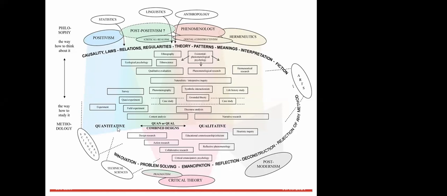If you follow these lines, they end up somewhere saying quan and qual, combined design. And then we have here critical theory. I won't explain what critical theory is. For now, you don't need to know that very much.